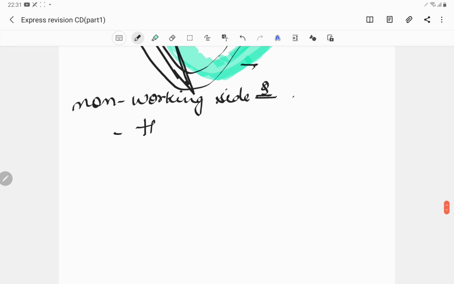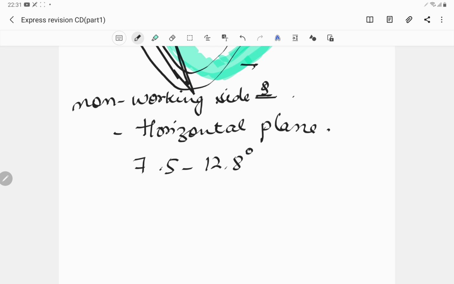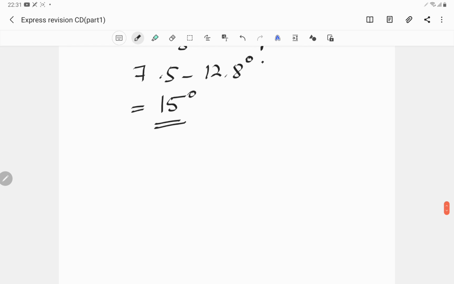This is viewed in the horizontal plane. The angle is about 7.5 to 12.8 degrees. But if the option is given as 15 degrees, it is the angle.